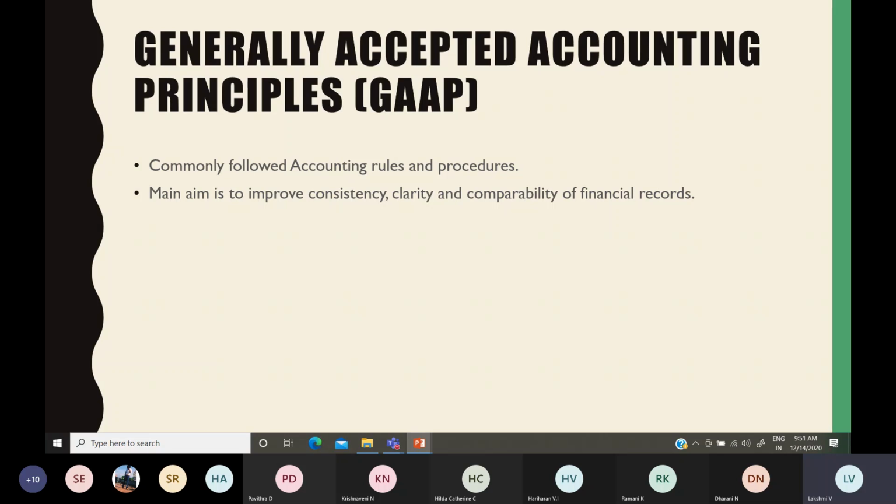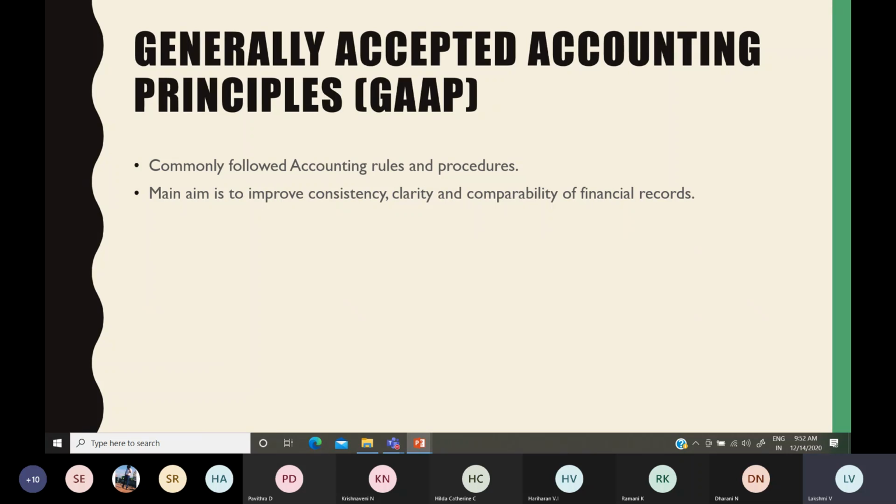If you want to make a comparison between your firm and the other firm, to verify your profitability position with that of the other firm, or do some analysis, only if you go according to certain rules or principles can you verify whether you are going in the right path, or whether your company is in a good position or not. You will be able to identify.